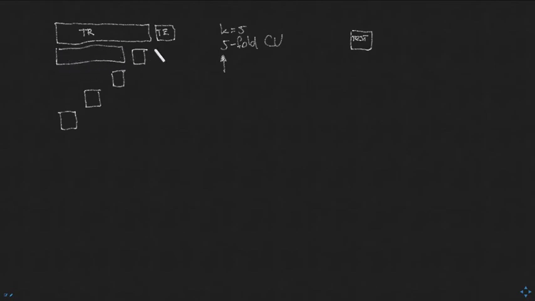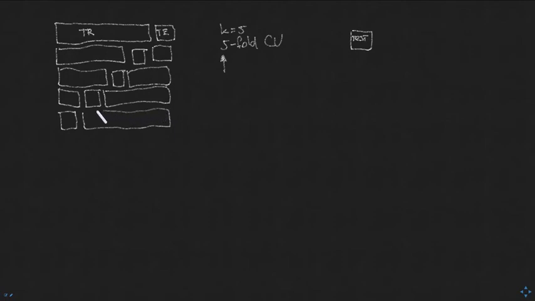So this and this part will be train. This part and this part will be train. This part and this part will be train. And then finally this part will be train. So test, test, also test, more tests, and then these are all training.